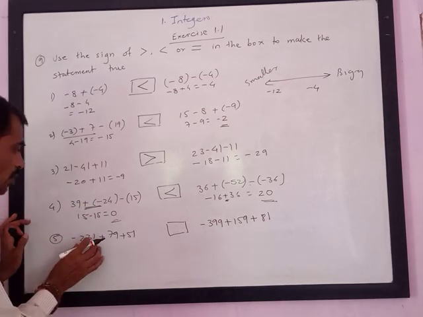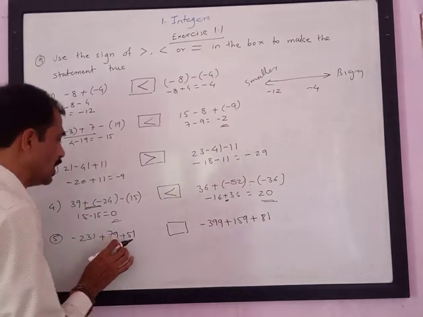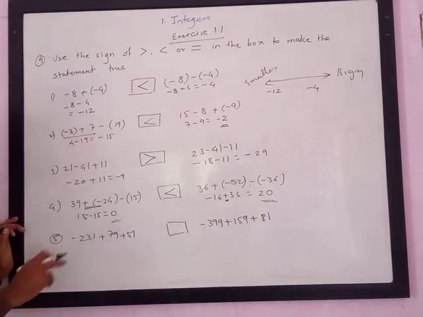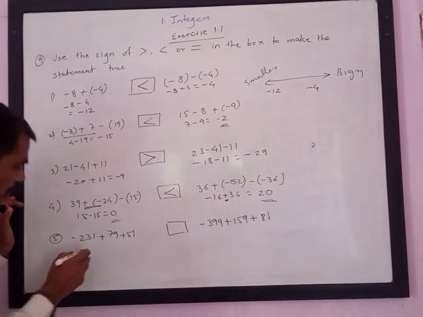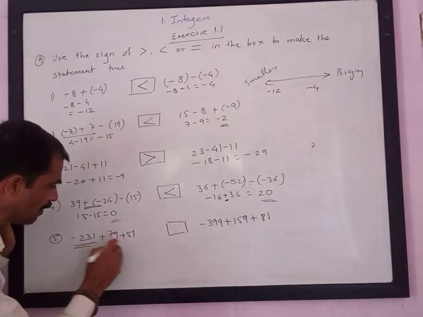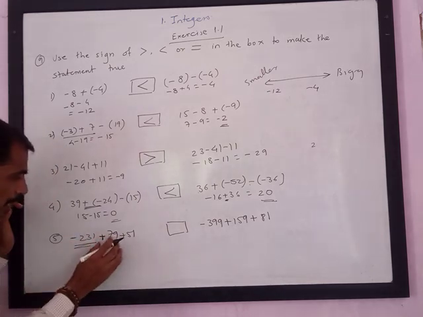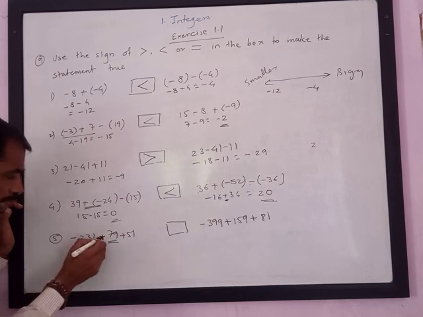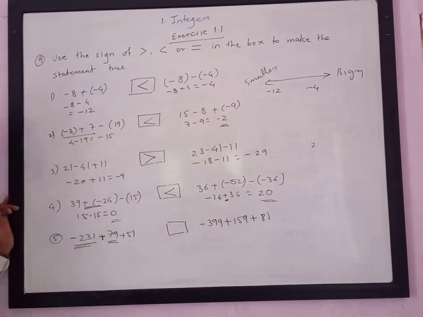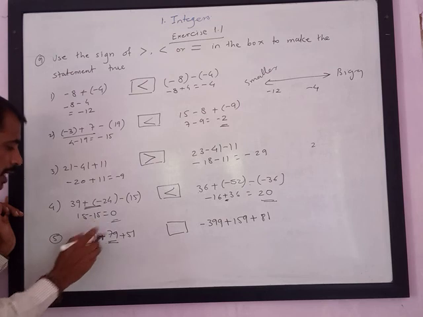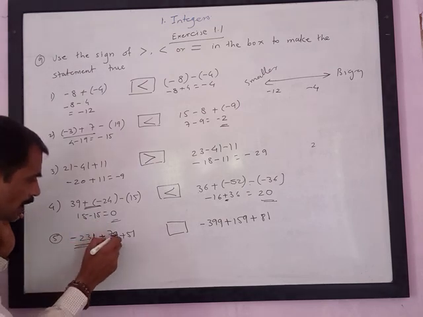Next is negative 239 plus 79. So this is equal to negative 231 plus 79. This is having negative sign, this is having plus sign, so they are having opposite signs. It means we have to do the subtraction operation, and it will be 231 minus 79.